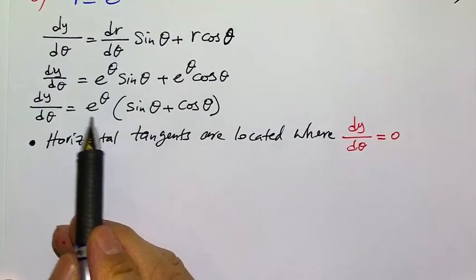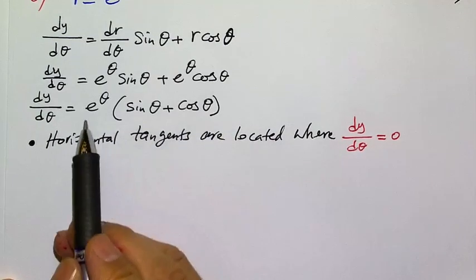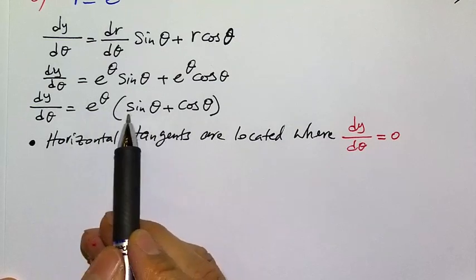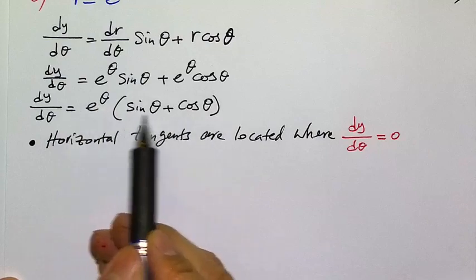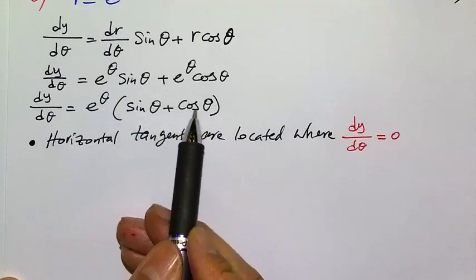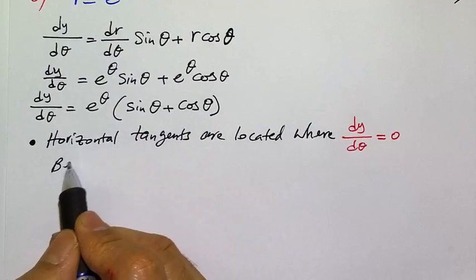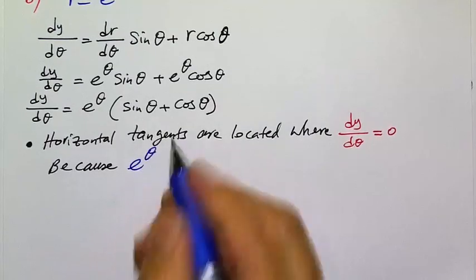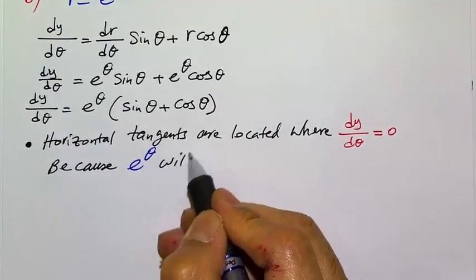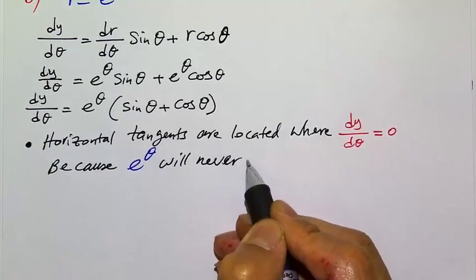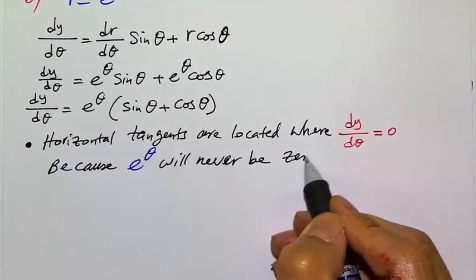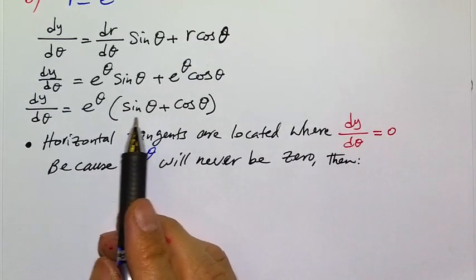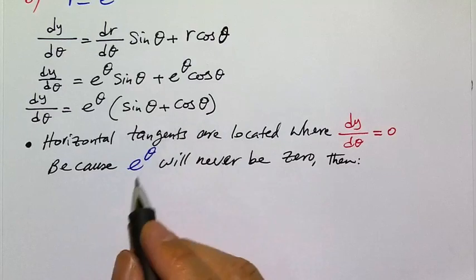So when would this expression be equal to 0? That piece will never be 0, right? E to the theta power will never be 0. So the only chance for this expression to be 0 is if this piece is equal to 0. So let's find out where this expression is equal to 0.